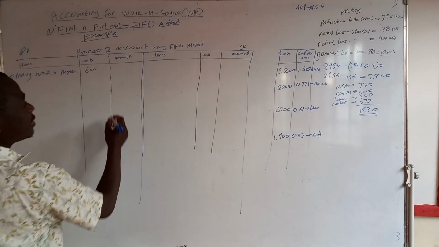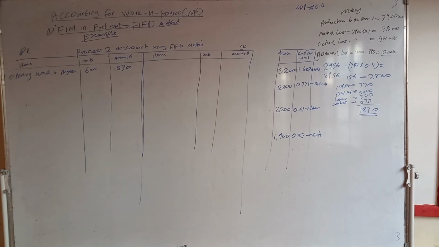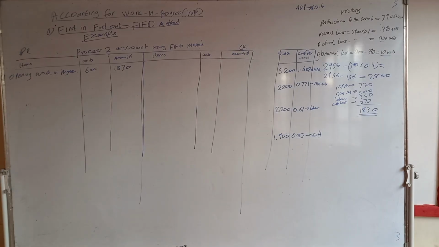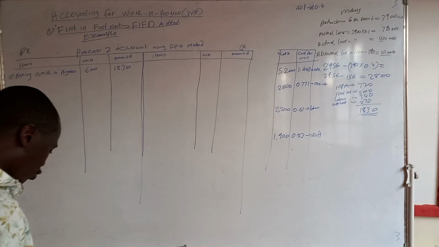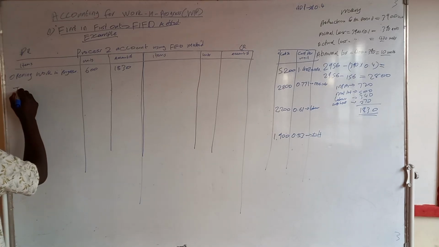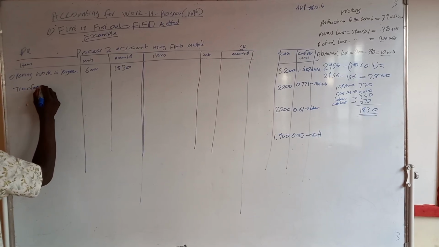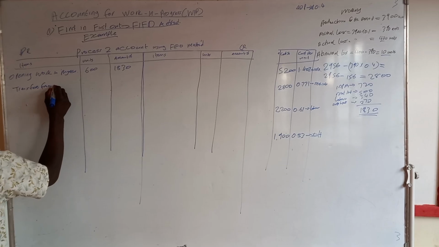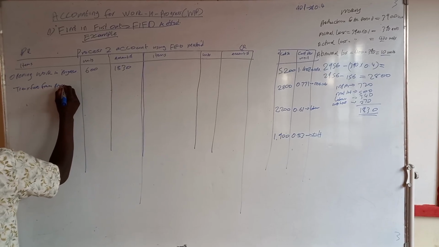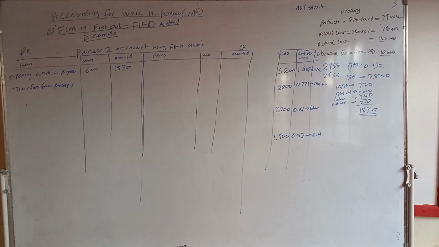So here we have 1,830. Then we go to what? We go to transfer from process 1.